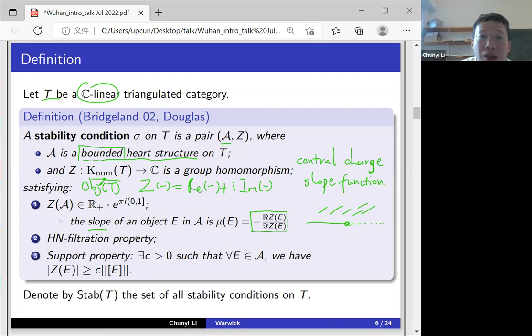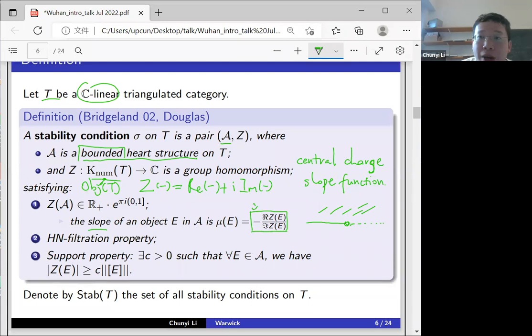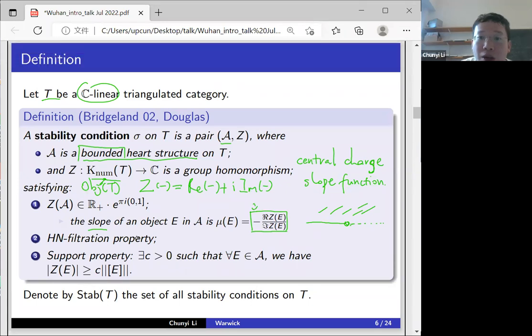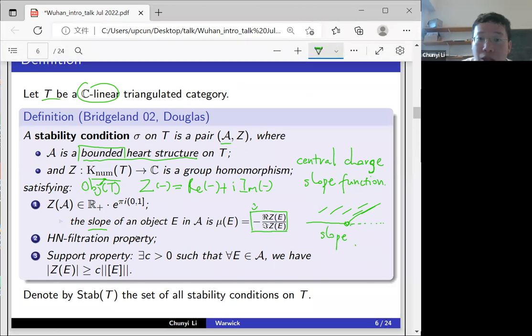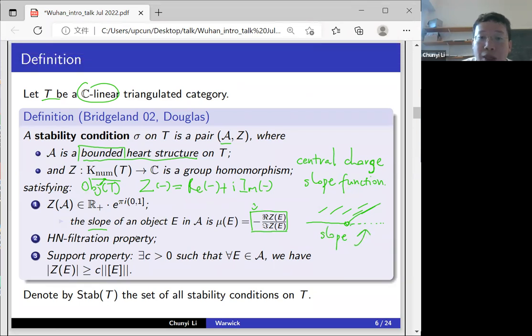So if you think about this expression, an object with a smaller slope has a smaller argument of the central charge. So when the slope is going up, the argument of the central charge is going anticlockwise.